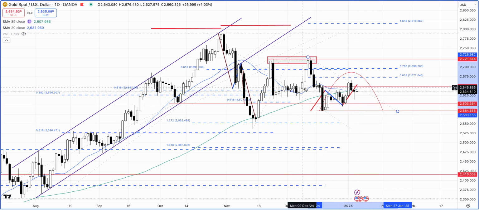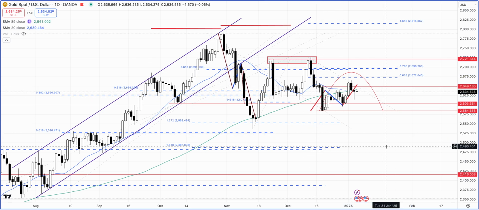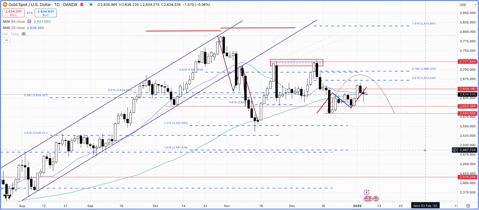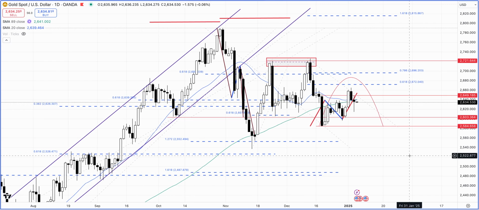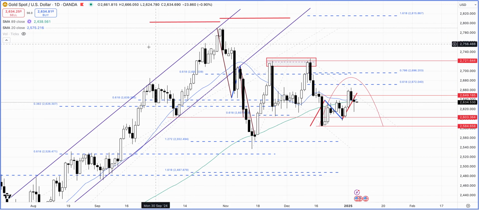But look, the momentum is also turning negative because the price is below the 20-day moving average, and is below now the 89-day moving average. So I think the momentum is turning to the negative side for gold. And it begins to look like this might have been a head and shoulder pattern.